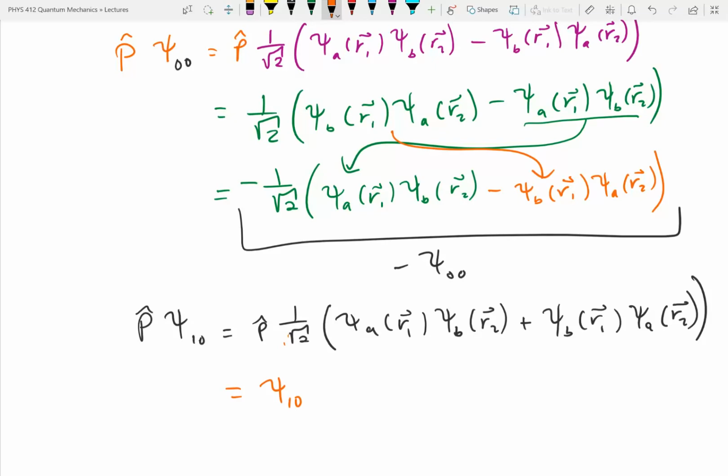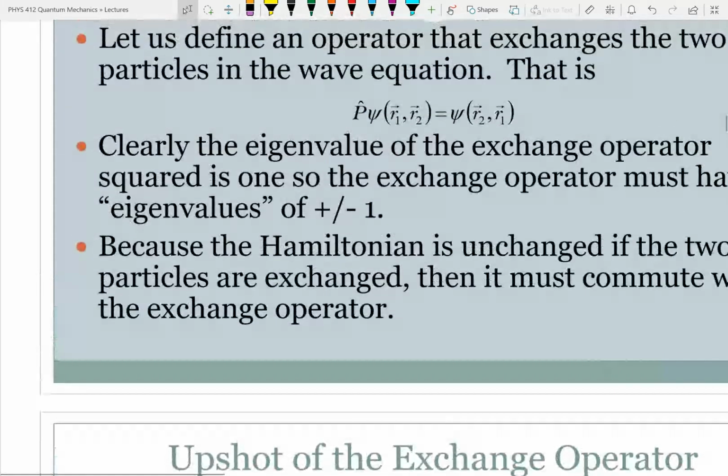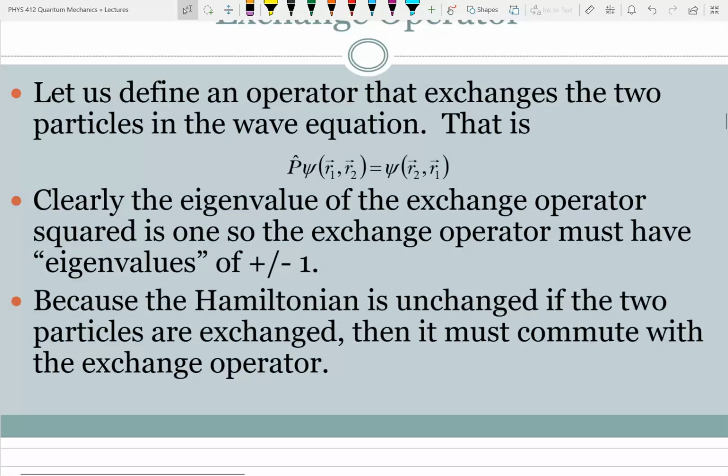So the eigenvalue here was 1. Here it was minus 1. And so that's where the statement I have here is clearly the eigenvalue of the exchange operator squared is 1, so the exchange operator must have eigenvalues of plus or minus 1.